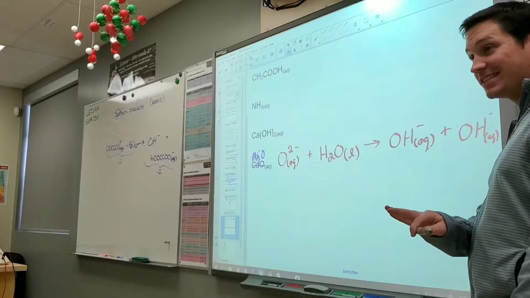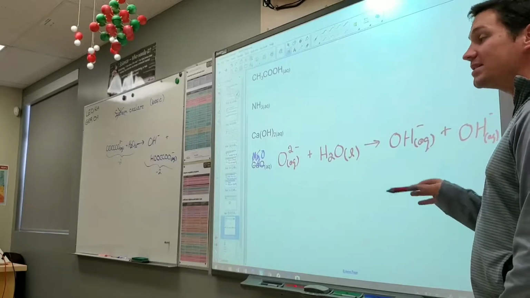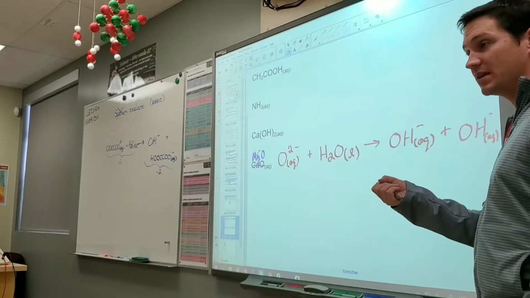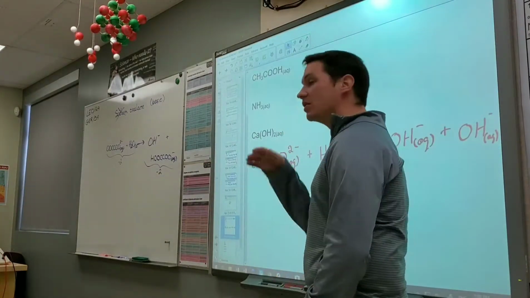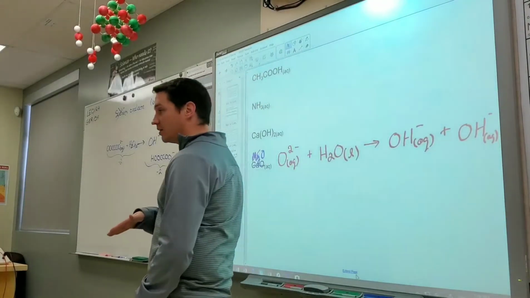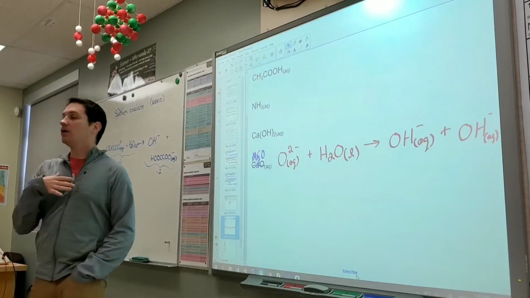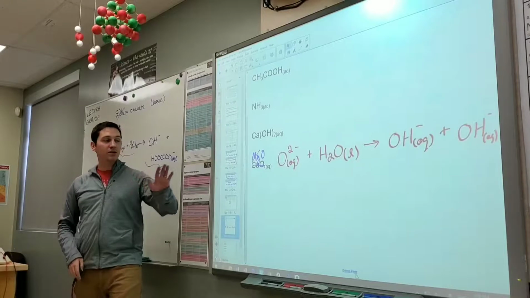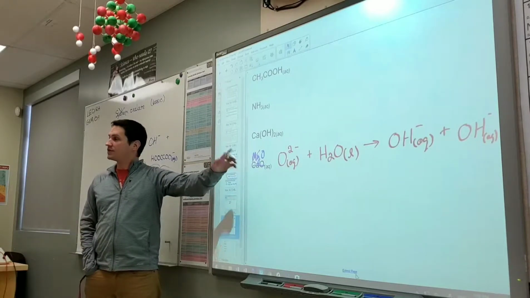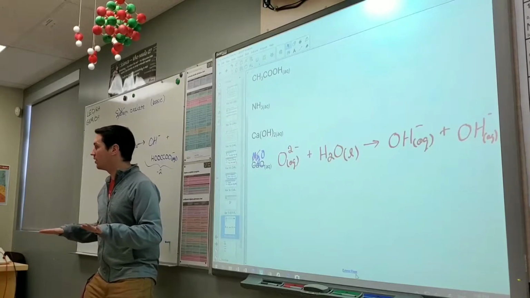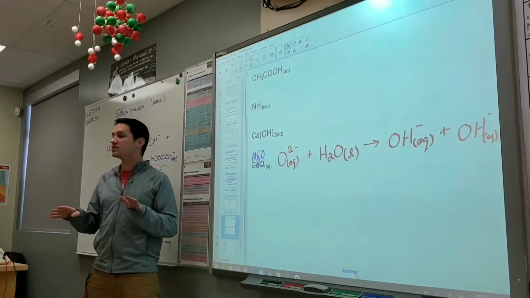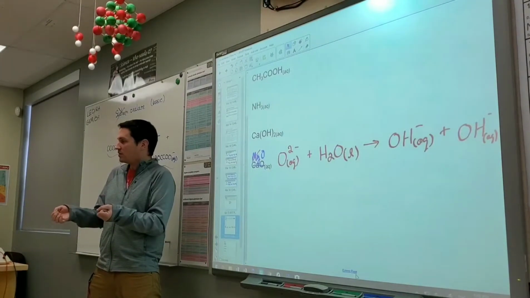Does that make sense? Now, the reason why it wasn't very basic is because magnesium oxide is a low solubility compound. Now, remember back to last unit, if something is a low solubility compound, does that mean absolutely none of it dissolves? No, it means a little bit of it dissolves, right?